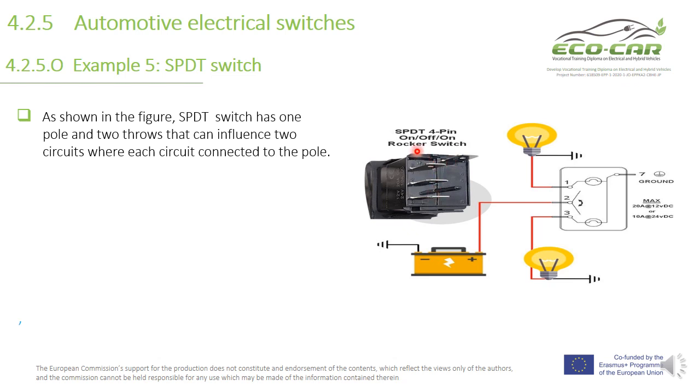This is sometimes called a rocker switch. This is the schematic diagram of the switch. We have here maximum 10 amps, 12 volt in cars, but in buses and trucks about 24 volt operating DC voltage with 10 amps. And also you can see these voltages and currents here on the switch.